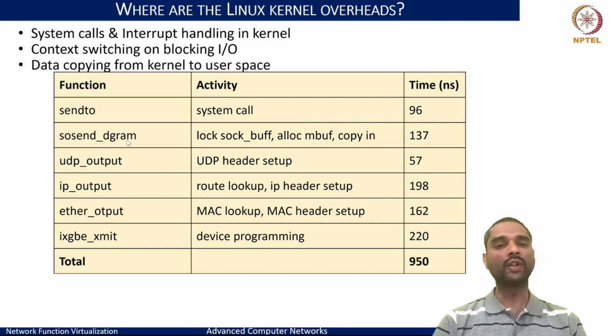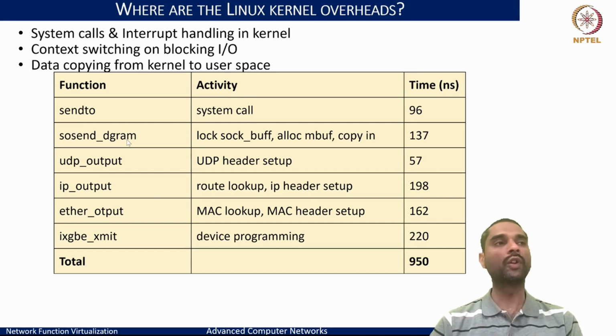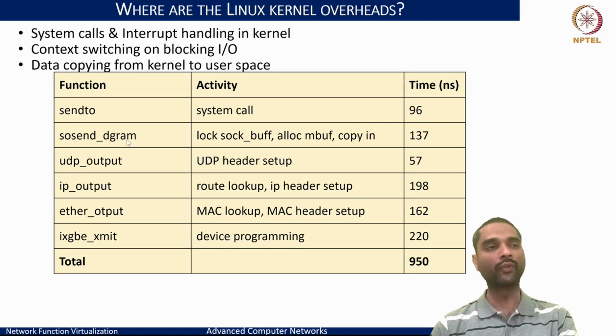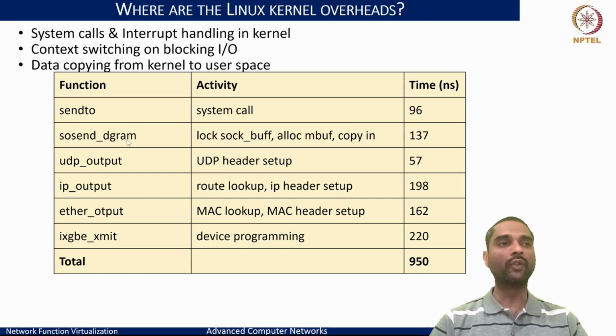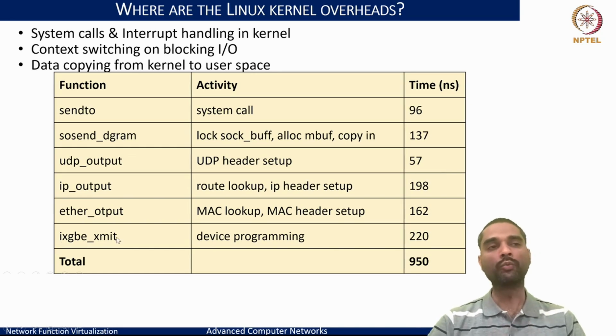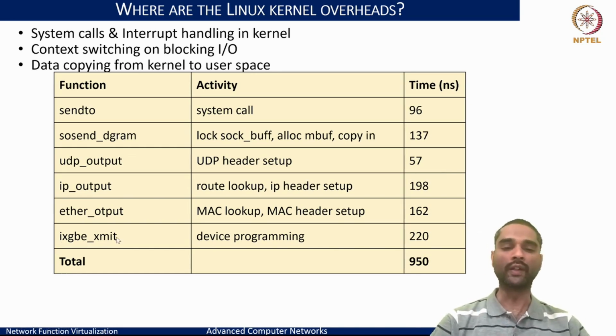And once this sendto system call is done, how much time does it take for the packet to arrive eventually onto the NIC interface that is out of the ring buffer? For that, the driver can initiate, if it is an ixgb driver, what we'll call ixgb transmit to send the packet out on the link.